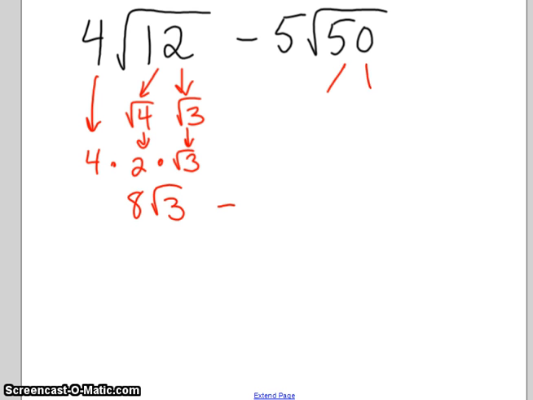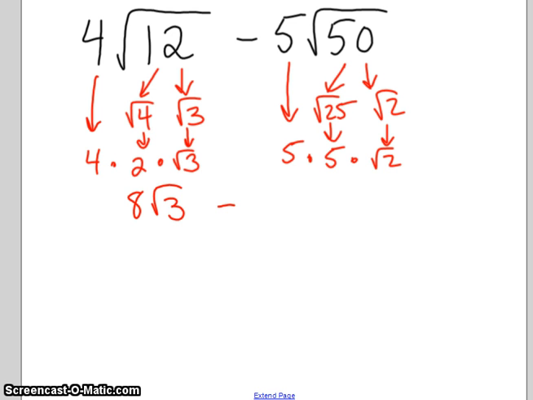Minus, break down 50. A perfect square that goes into 50 is 25, and 25 times 2 is 50. So the square root of 25 is 5. And we have the square root of 2, which can't be simplified. And we have this 5 here too, so we're going to multiply those. 5 times 5 is 25 square root 2.